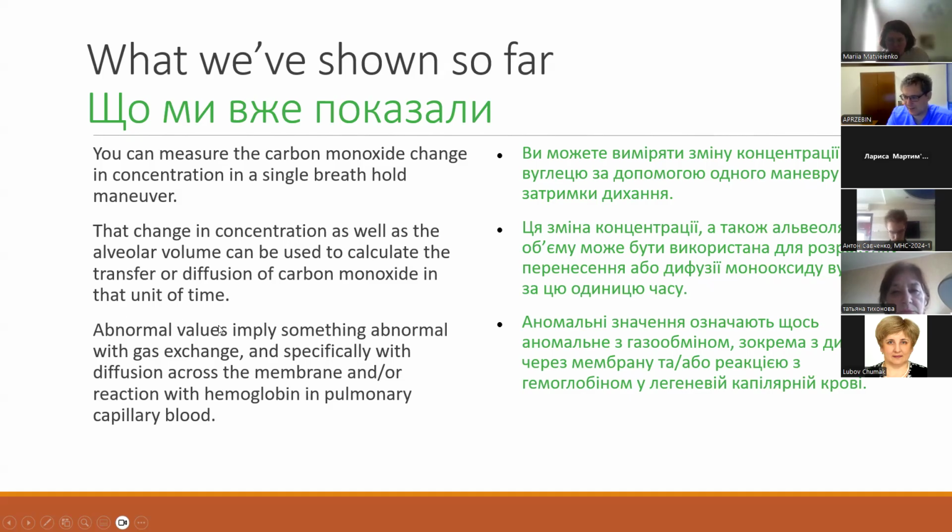And if these are abnormal, it implies there's something wrong with gas exchange. And you can further think about it according to the Roughton-Forster equation. There's something wrong with diffusion or reaction with the hemoglobin or the capillary blood supply. So something is wrong with that alveolar capillary unit.